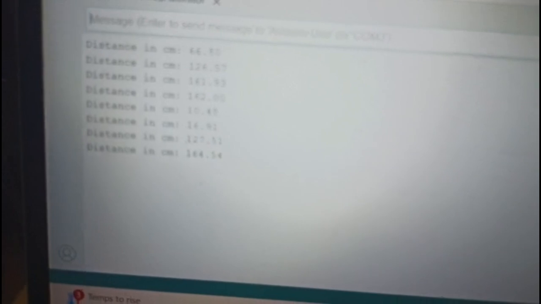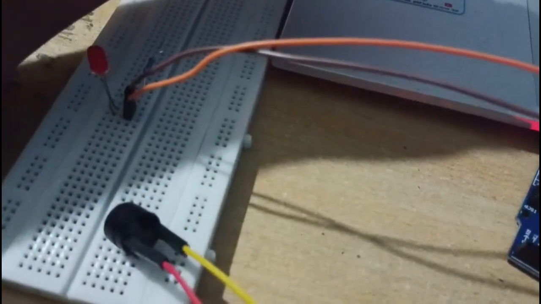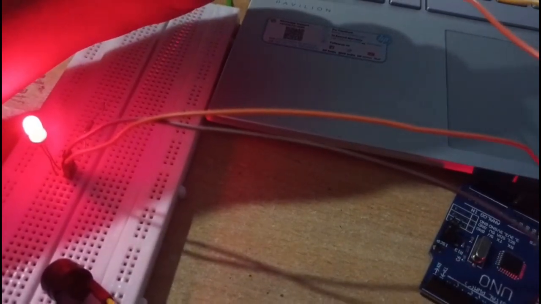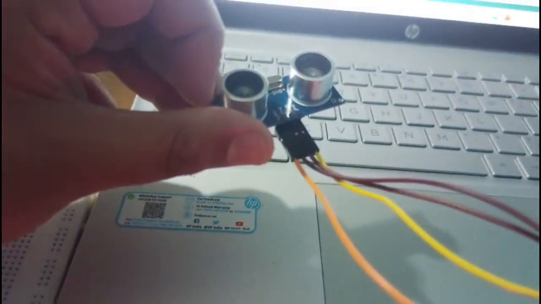That's the reason I got 10 centimeters and 16 centimeters, so the LED and buzzer became on. Now, since I am pointing towards the rooftop, it is showing 300 centimeters and so on. So more than 100, both are off. Now again my finger came into the middle, so it became on. This is how our ultrasonic sensor works.